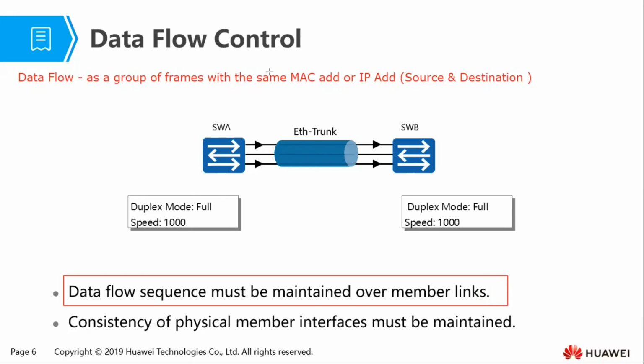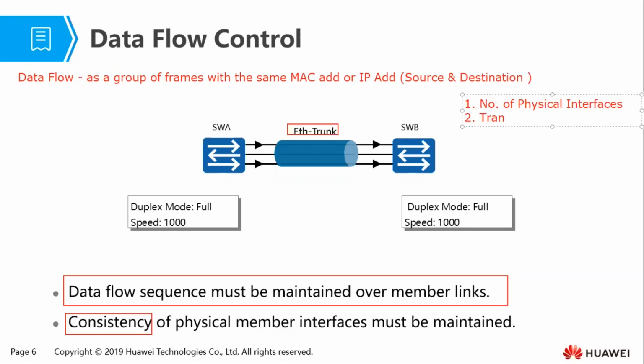Now, the other thing we need to know here is that in order for you to be able to create a trunk link or an Ethernet trunk, there has to be consistency on both ends of the peering device on a number of things. One of them being the number of physical interfaces. So if in switch A, you've added 3 physical interfaces, in switch B, you also must have 3.